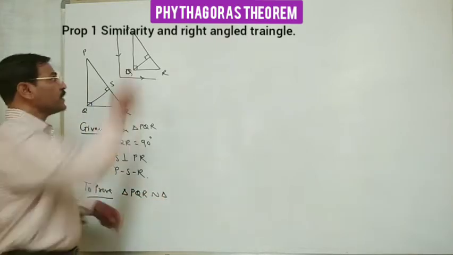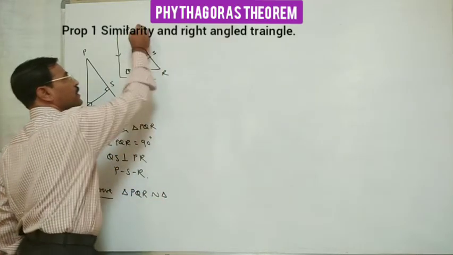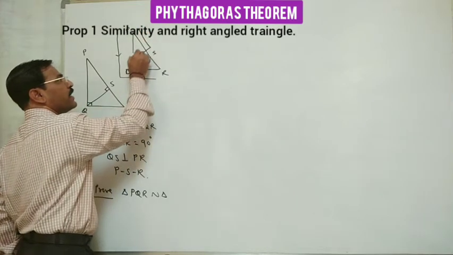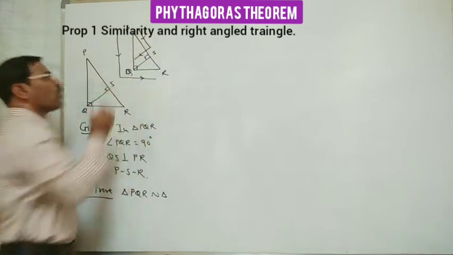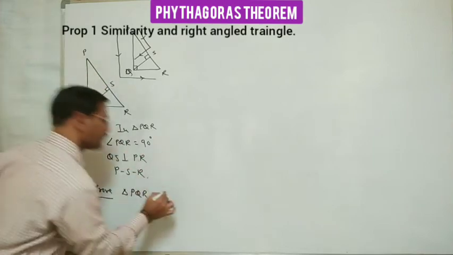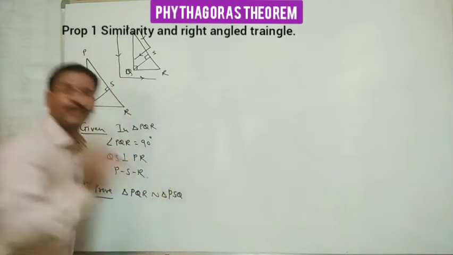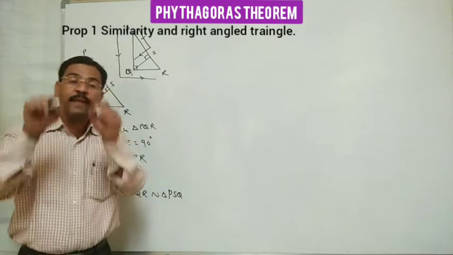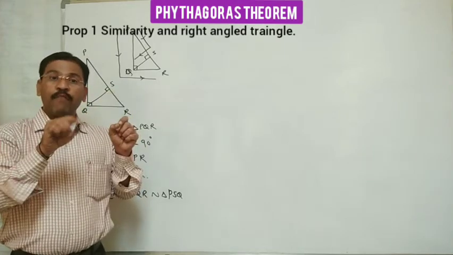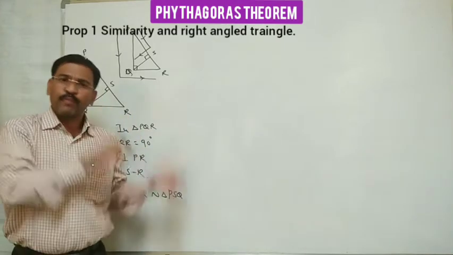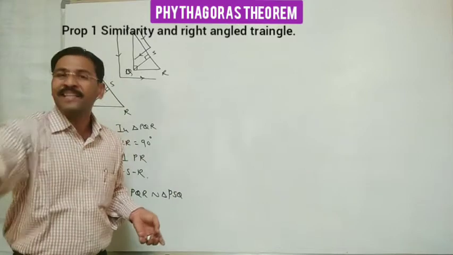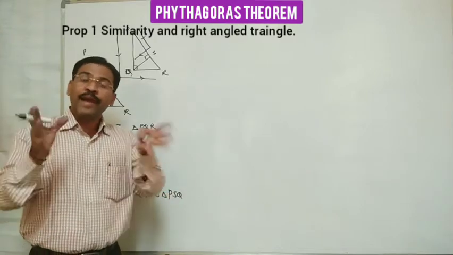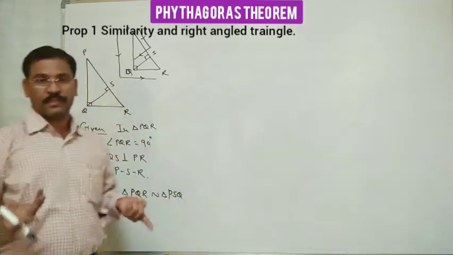Similar to that, for the above triangle I'll take the name in this way. That is PSQ. This is the only trick to remember how to take the names of the triangles without proving, because after proving we have to apply this property in the examples. That is why we have to know how to take the names.